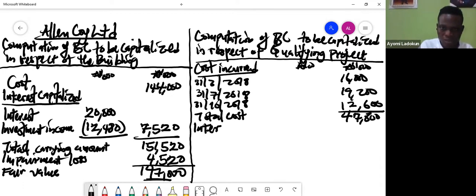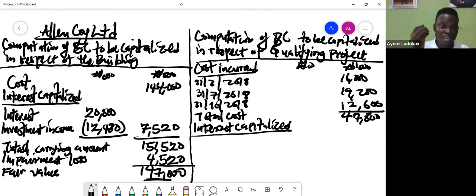Look at the cost, then how much will you capitalize? Now, because it is a general borrowing, I need to compute the capitalization rate, because I will apply that rate on the cost of the asset.